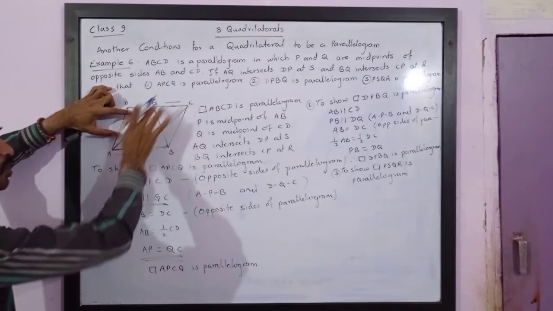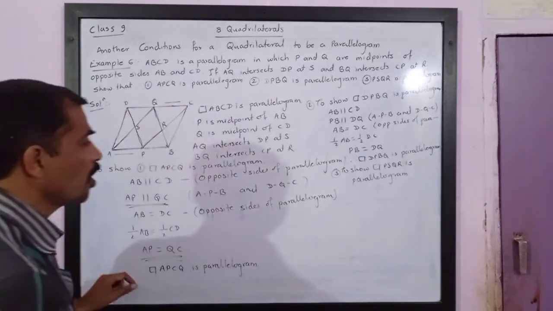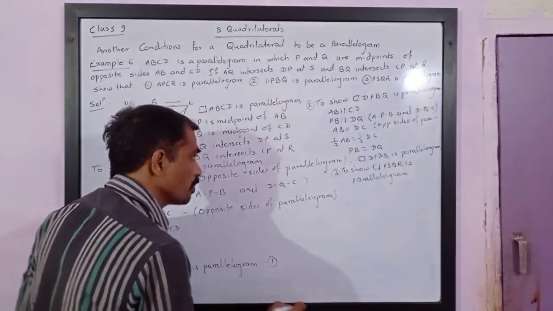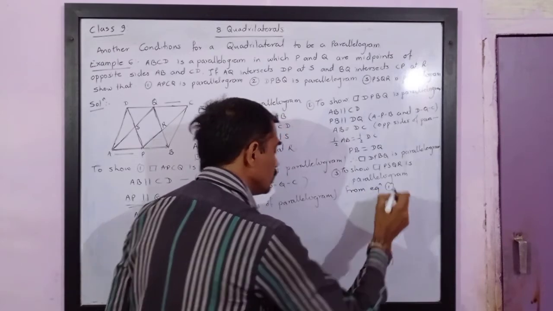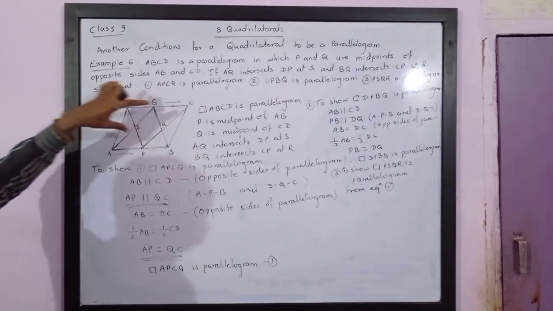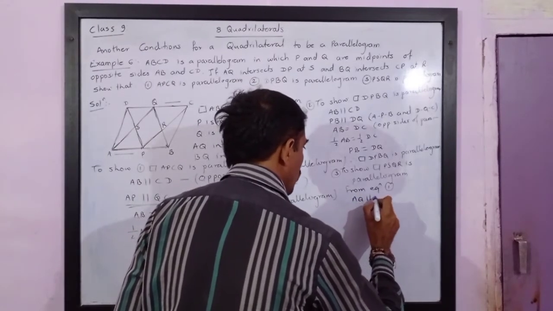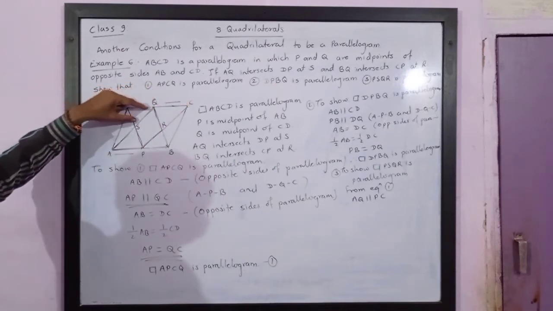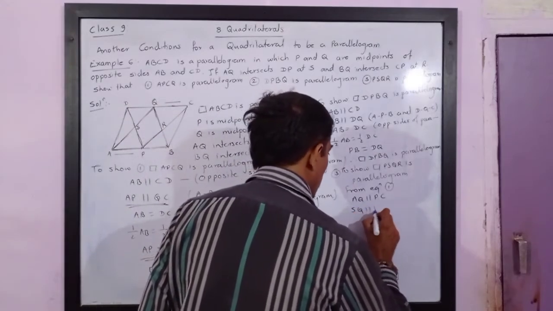So since APCQ is a parallelogram, AQ is parallel to PC. If AQ is parallel to PC, it means SQ must be parallel to PR. Reason is S is between A and Q.